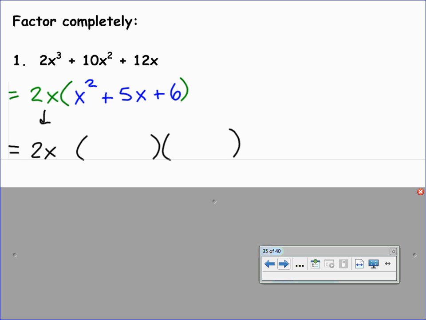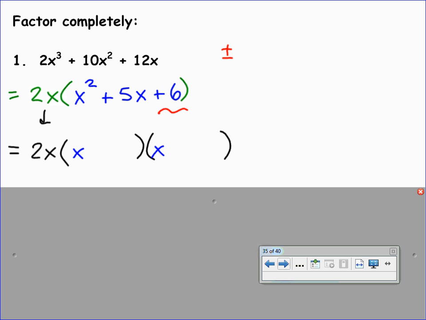I'm going to keep going with that blue trinomial and see if we can continue factoring. So I'll keep my first x and x, and I'll consider the factors of the last. My integer pair factors of the last include 1 and 6, but also 2 and 3.